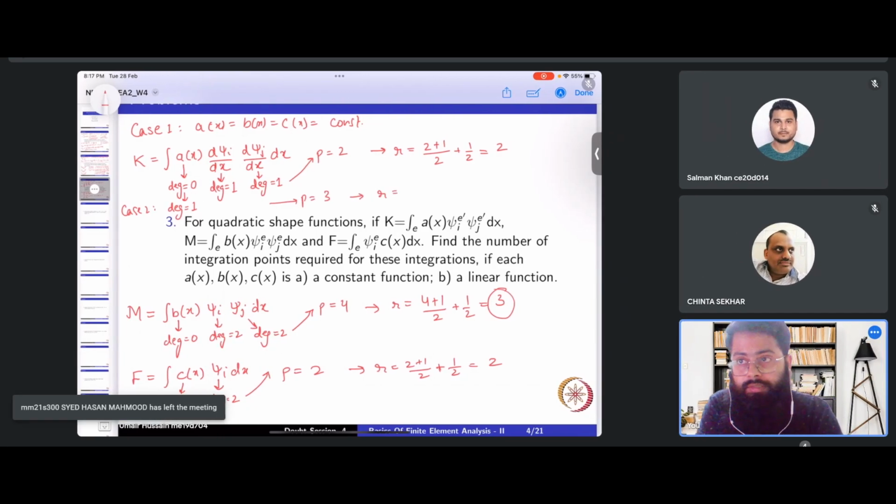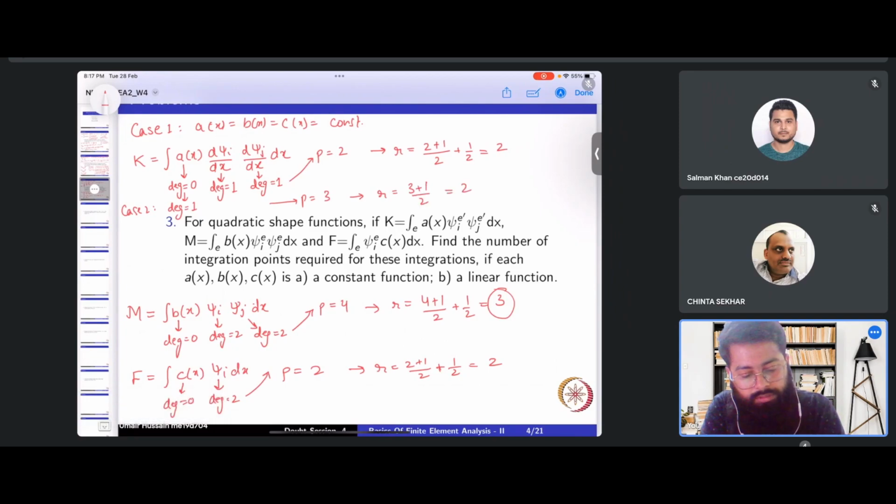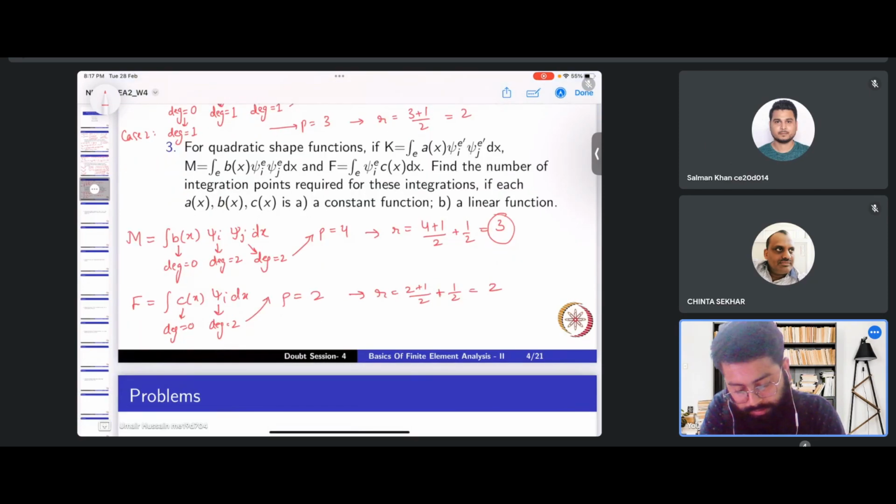So r is equal to (3 plus 1) by 2, which is again 2. And this changes to degree 1 again, so our p changes to 5 here. So r is now (5 plus 1) by 2, so again it's 3.